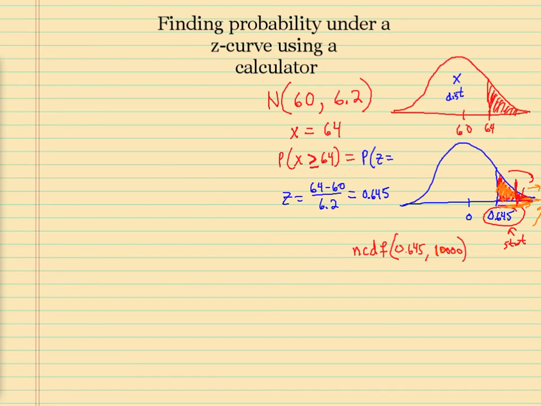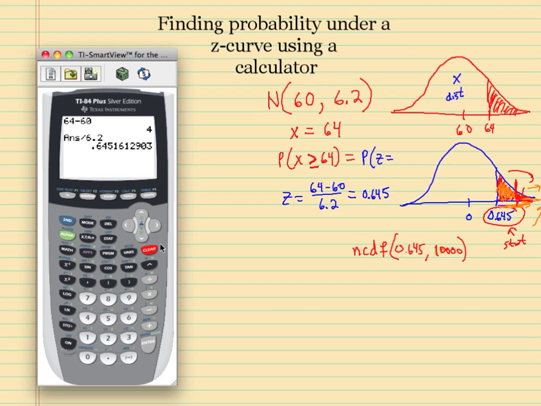Okay, let's bring my calculator back in, and I'll show you where to find this normal CDF. It's a CDF, a distribution. The distribution menu is right above the R, so you hit second, vars, and I want to come down to normal CDF and hit enter. Now you see I have my number stored up here. Even though I rounded it here, I don't want to round it. I want to take this whole thing and put it in, and we can use the stored answer.